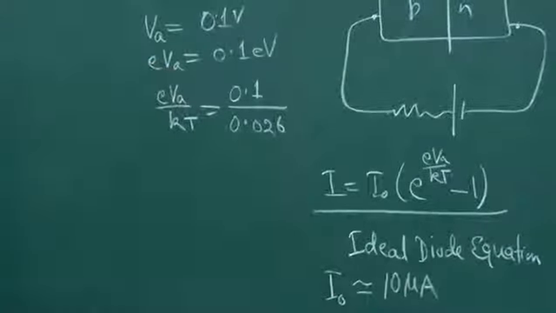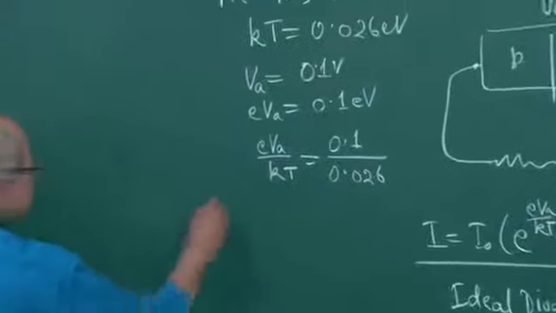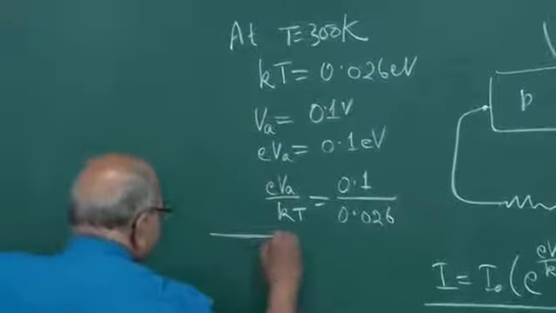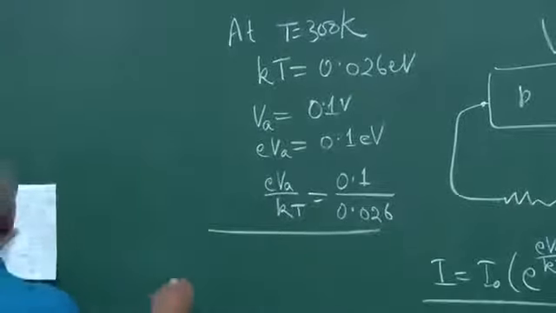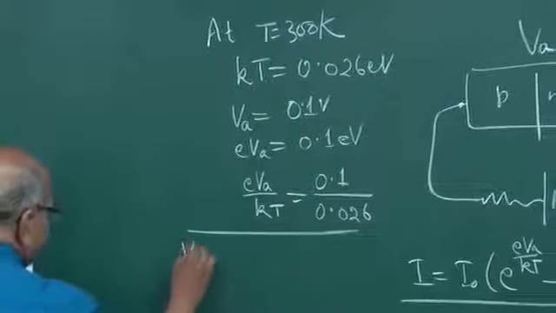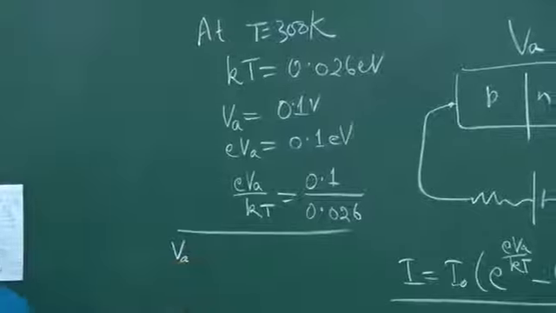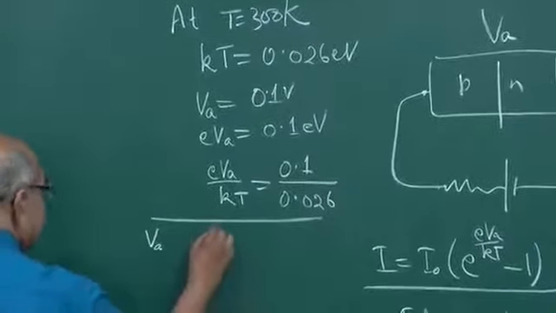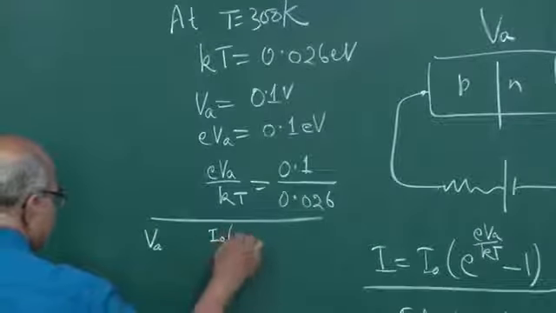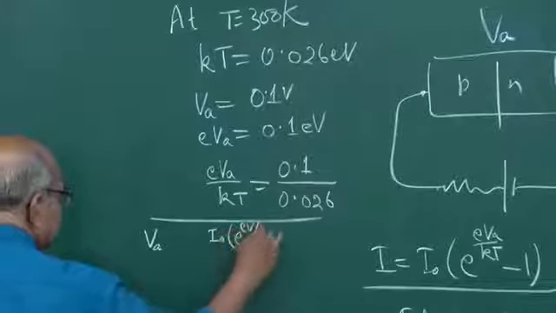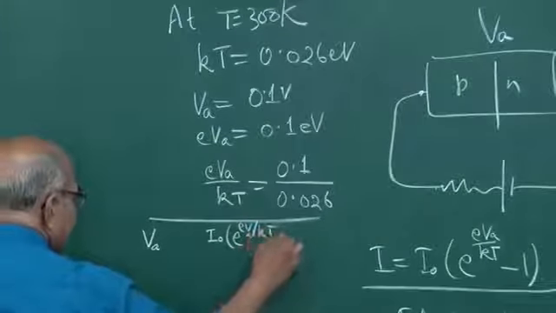And I have some data for you. If I take V here, the applied voltage, and this whole thing, I naught e to the power eV by kT minus 1.